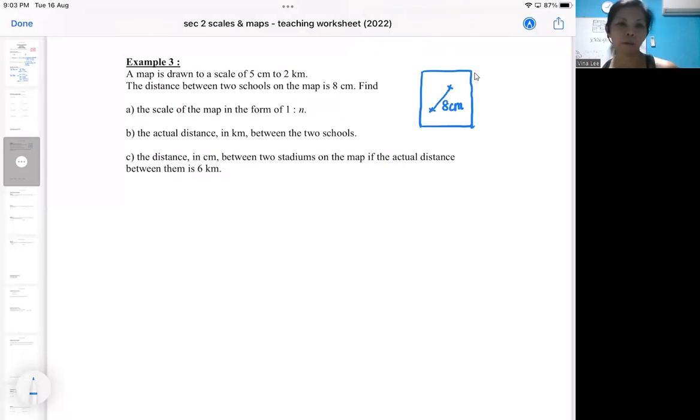Okay, so if you look at the question, the first part is always asking you for the scale. Okay, so what do you do? Do the same thing like what you did for the previous example. 5 centimeter is 2 kilometer. Convert to scale only at 1 centimeter. So you will divide by 5 on both sides. 0.4.